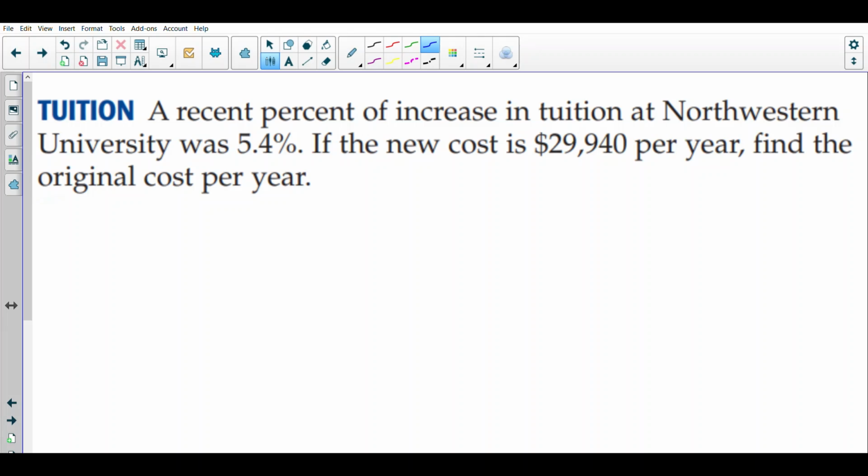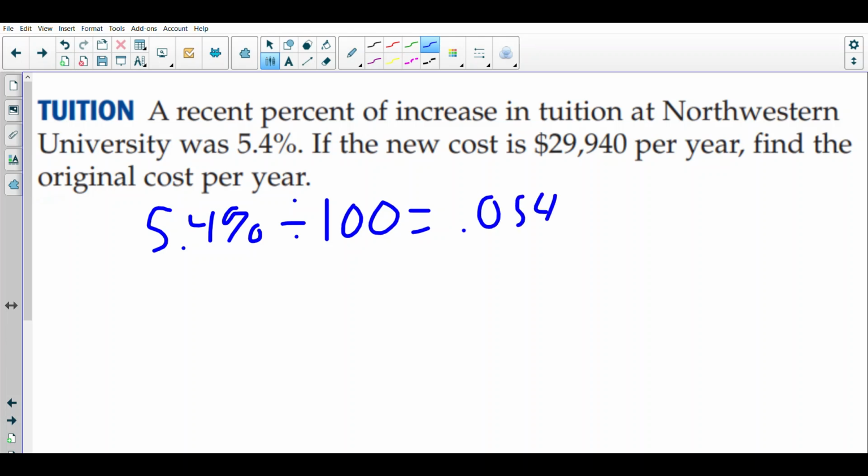We take 5.4% and divide by 100. That gives us 0.054. Now this is an increase, so we take that 0.054 and add it to 1, which gives us 1.054.